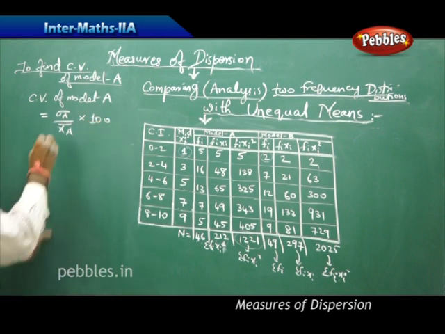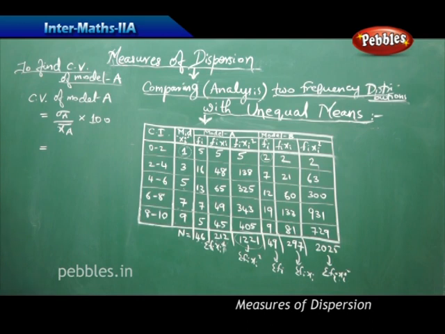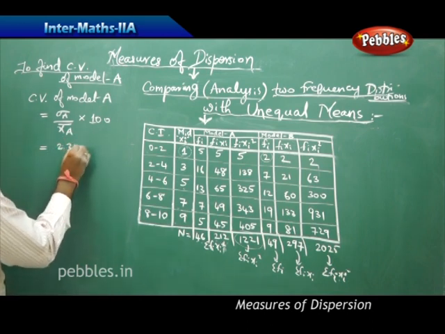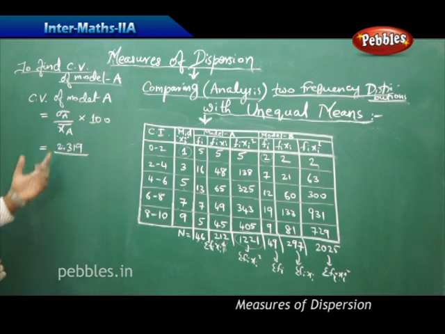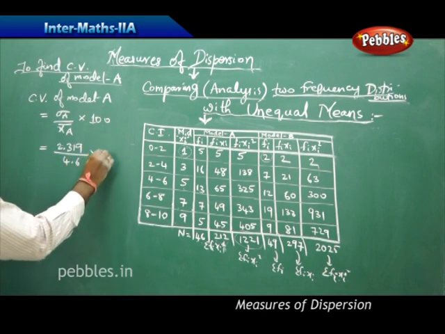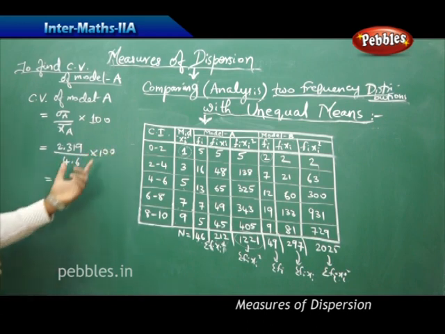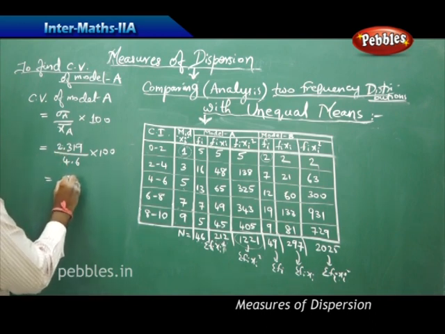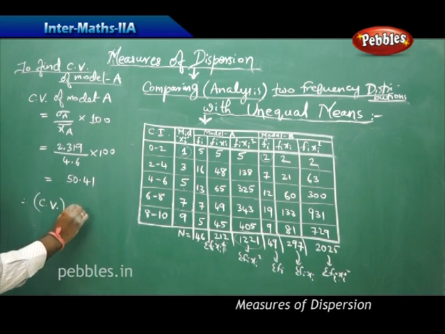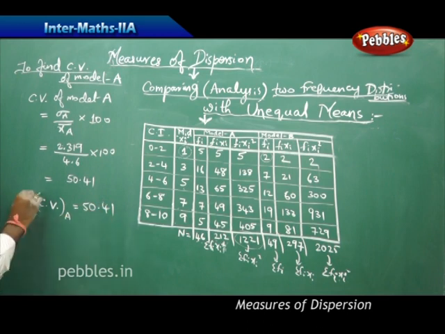Using this, we have obtained sigma A as 2.319, and the mean of model A is 4.6, times 100, which on simplification through a calculator gives me 50.41. Therefore, the coefficient of variation of A is 50.41.